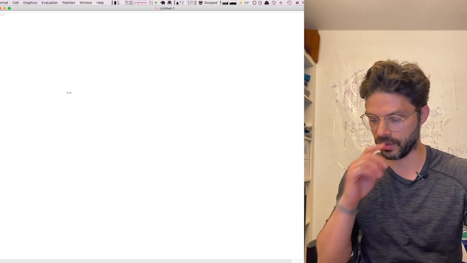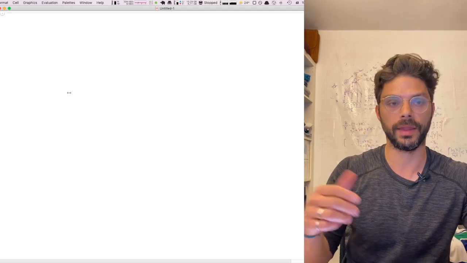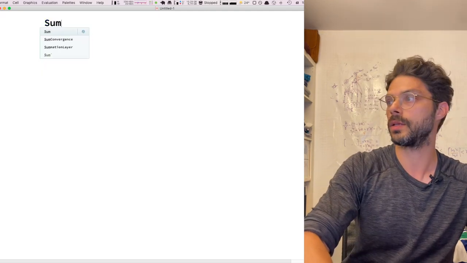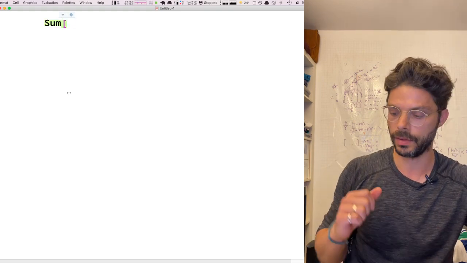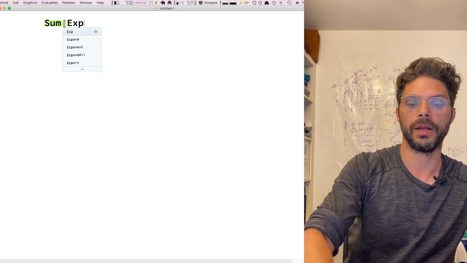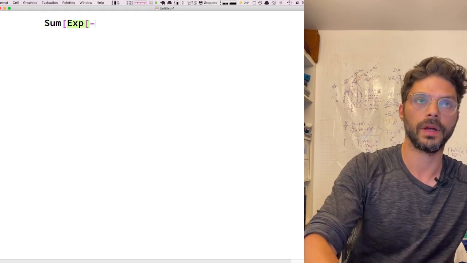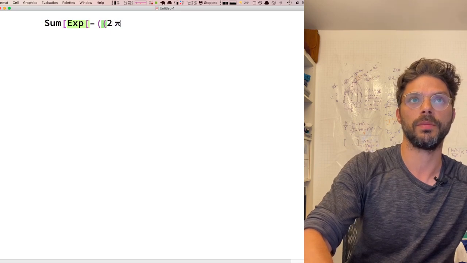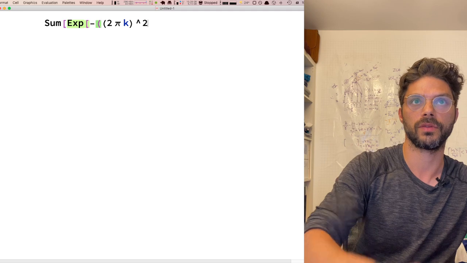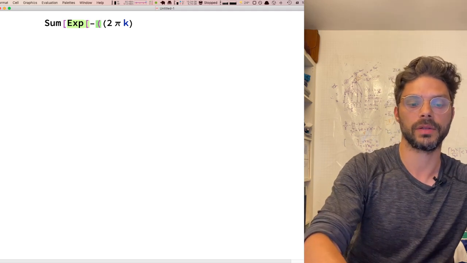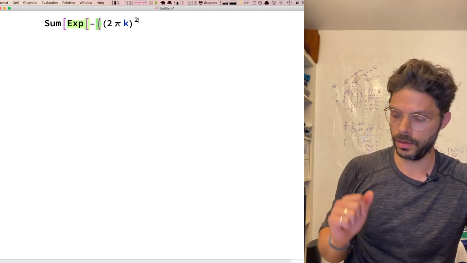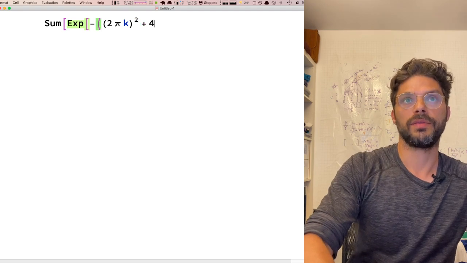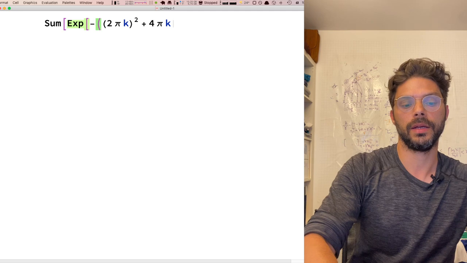So here we are. Okay, so we want to evaluate this sum. You guys can all see that. Terrific. So sum on exponential of minus, and this was what? This was 2 pi k squared, plus 4 pi k theta.